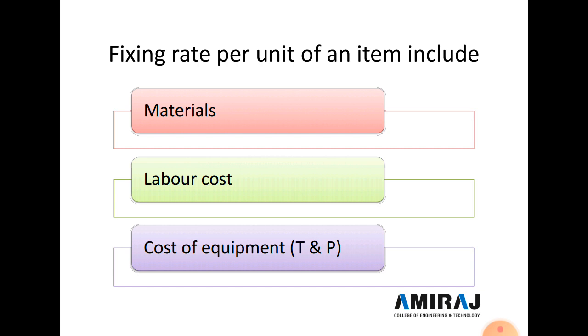For example, the hire charge of a concrete mixer, vibrator etc., the hire charge of a material lift, a road roller, or a crane. These are different examples of hire charges.